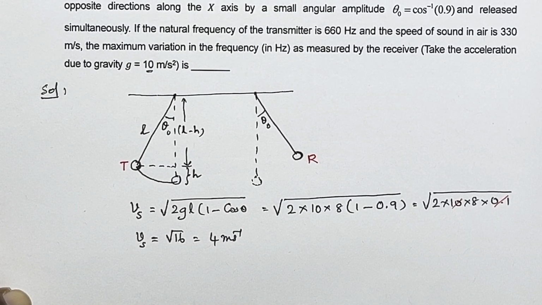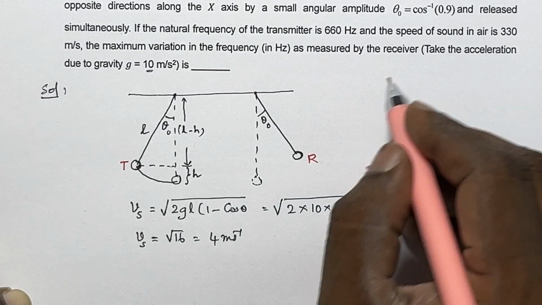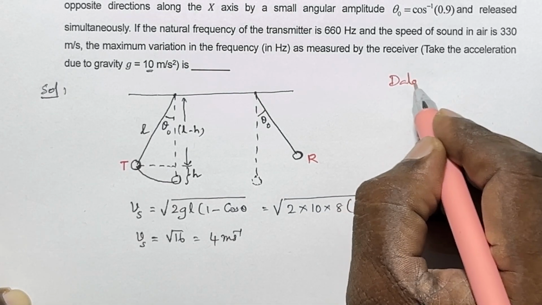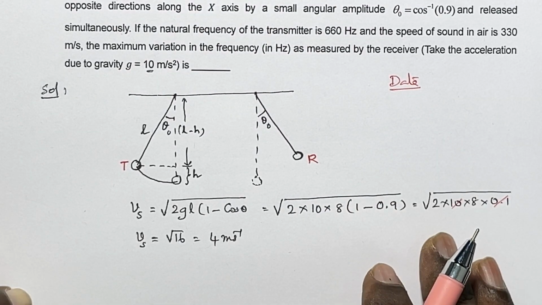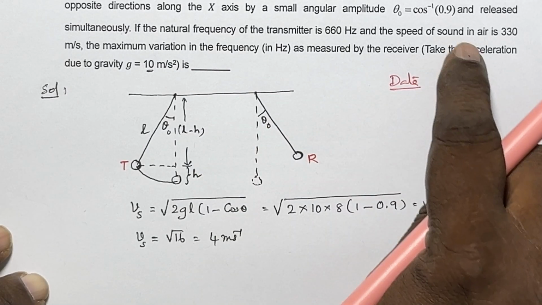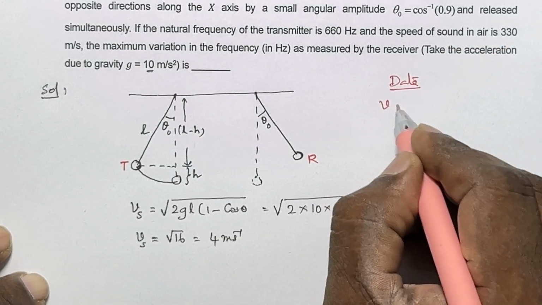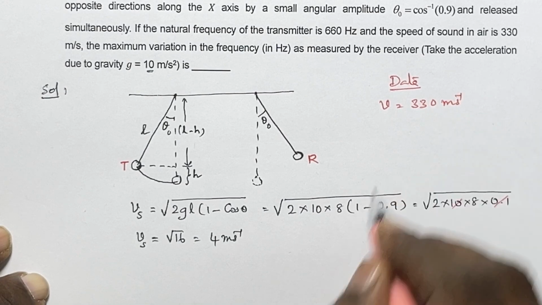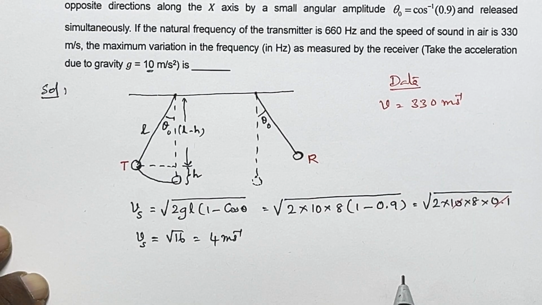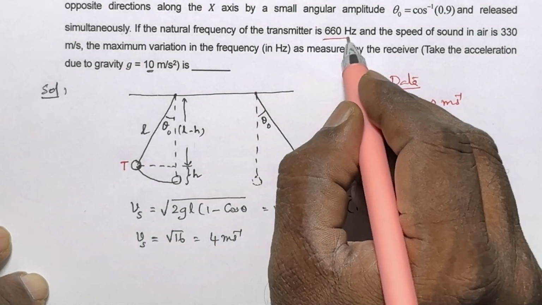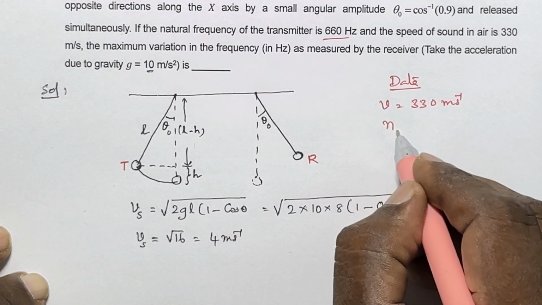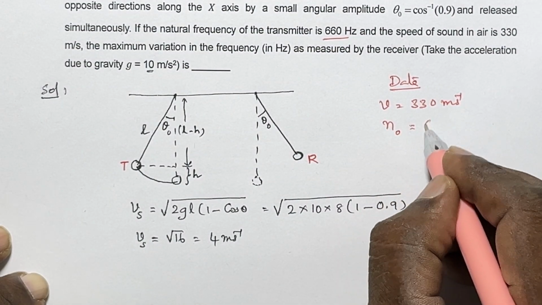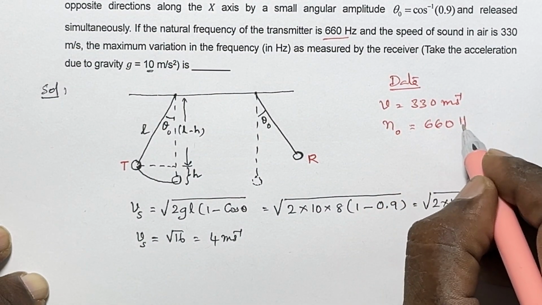What is the data given here? The sound velocity v is equal to 330 meter per second, and also the natural frequency of the transmitter, n naught, is 660 hertz.